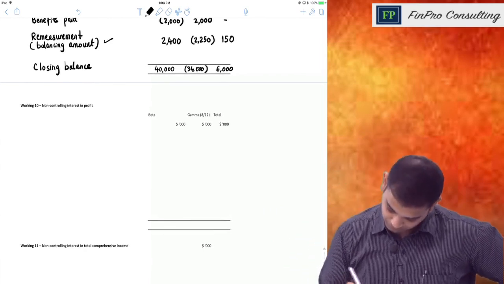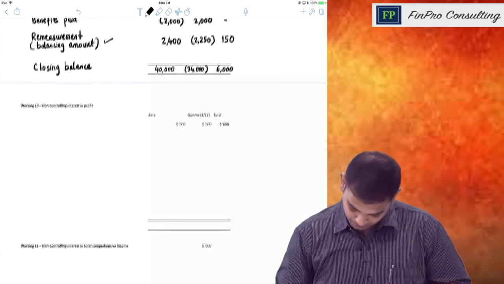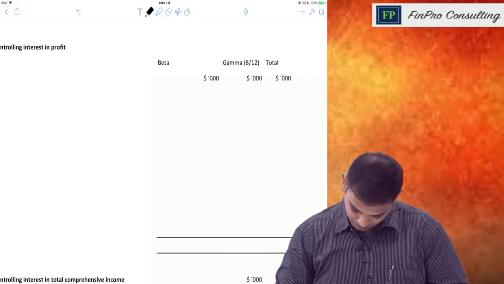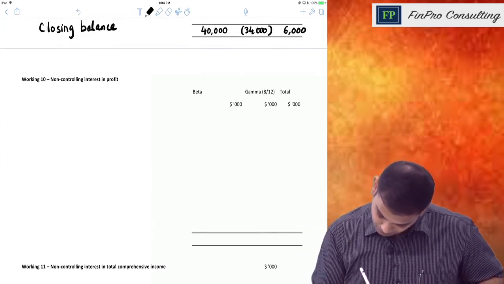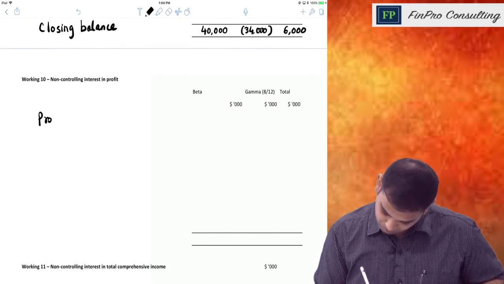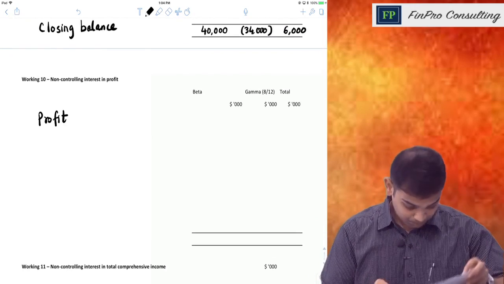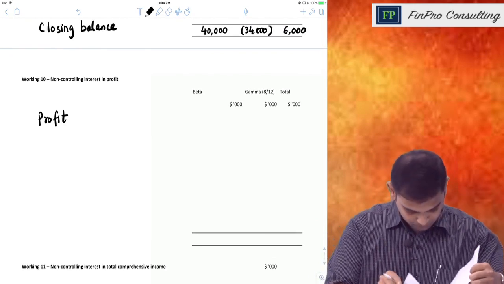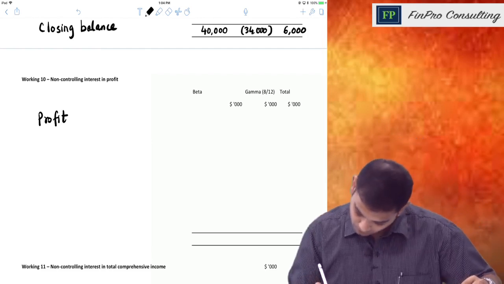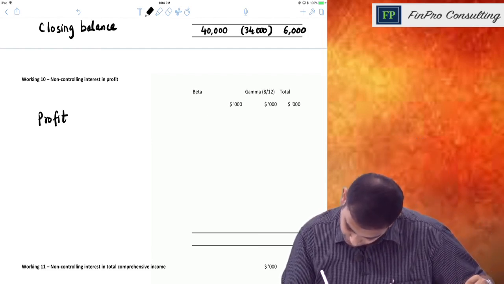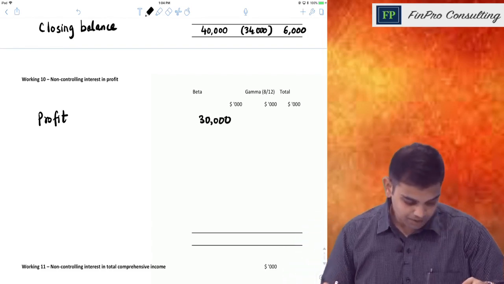Now, right now, profit. What is the profit given in the problem? 30,000. So beta का है 30,000 and gamma is 36,000.